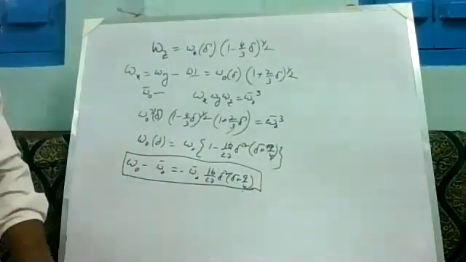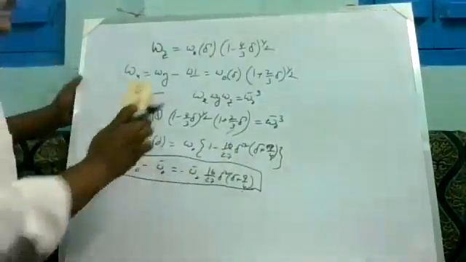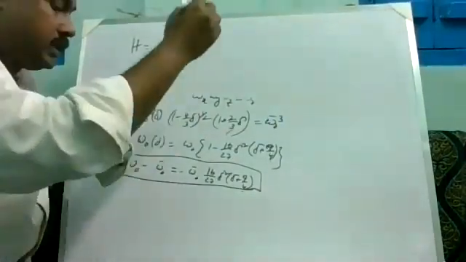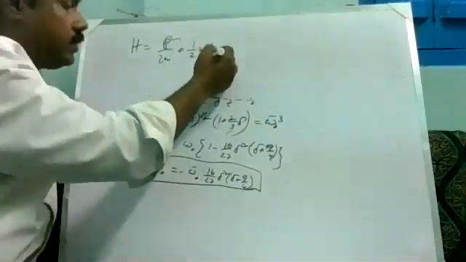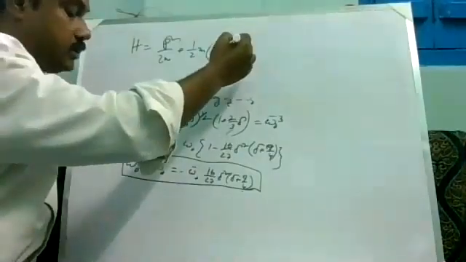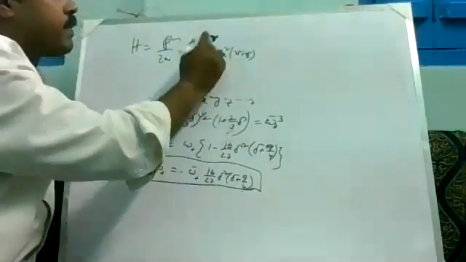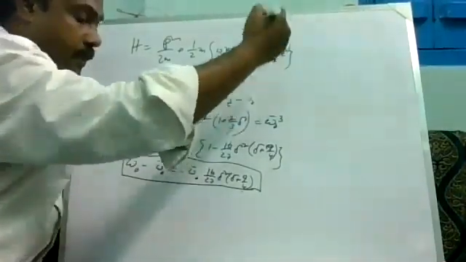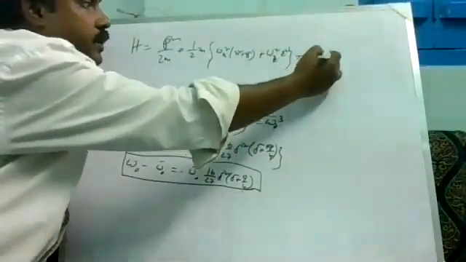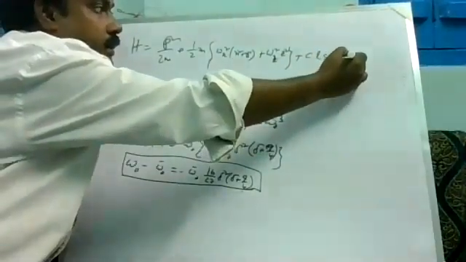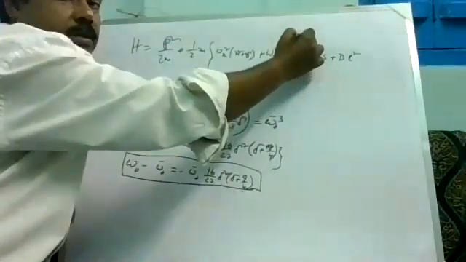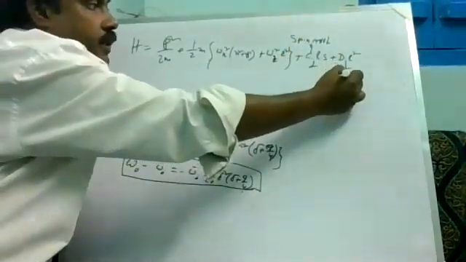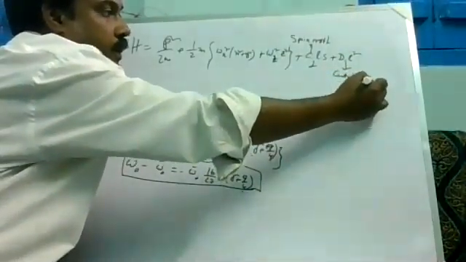Now the Hamiltonian can be written as H: kinetic energy term P square by twice M, plus potential energy term half M omega x square into x square plus y square, plus omega z square into z square, plus two additional terms, C into l dot s due to spin orbit coupling, and another term D l square, which is due to centrifugal acceleration.